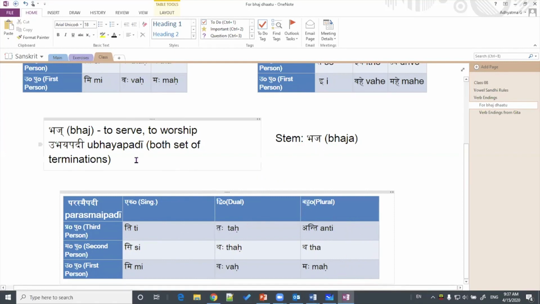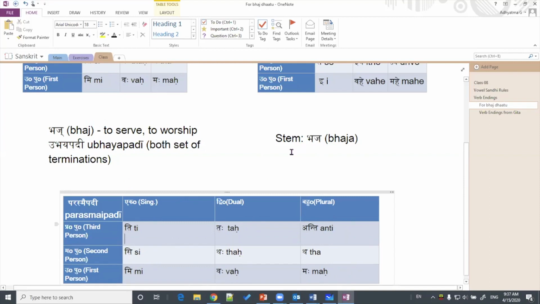Bhaja is ubhayapadi, it takes both sorts of terminations, so I would be able to make forms for both. Here it's very simple.